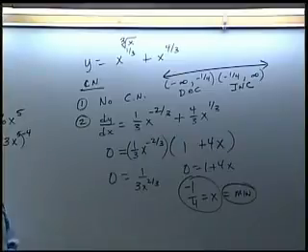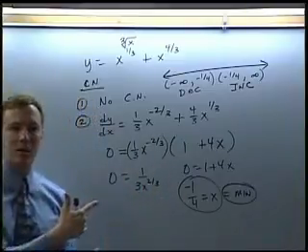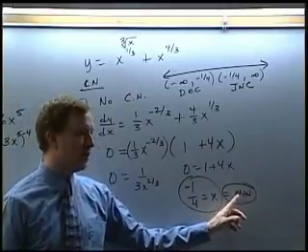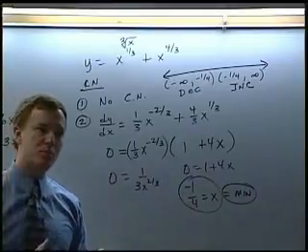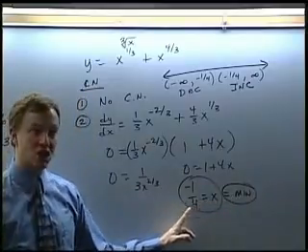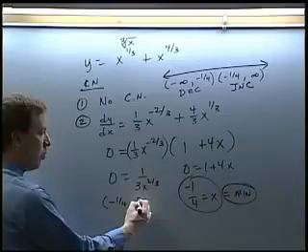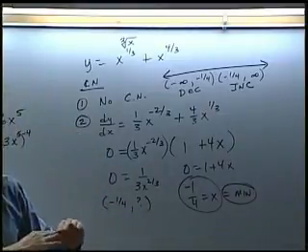Now, I want to point out one more thing in terms of just how the answers may look in the back of your book here. We figured out that the minimum value occurs when x is -1/4. A lot of times when books talk about a minimum value, they may not be talking about just the x-coordinate. They may also be talking about the y-coordinate. They want to know what is that lowest value on the graph.